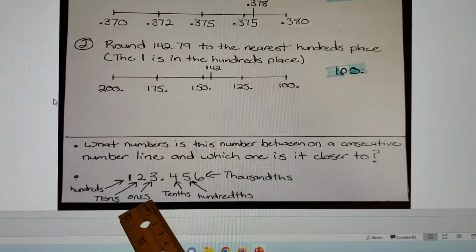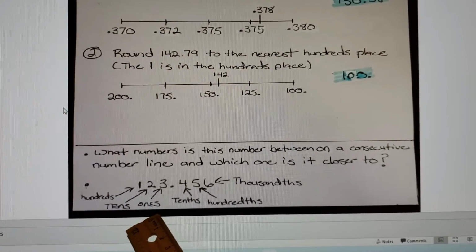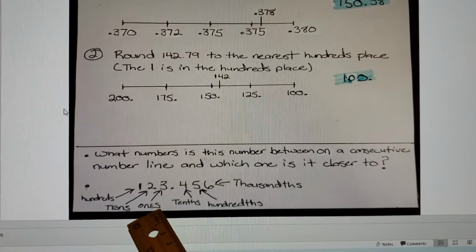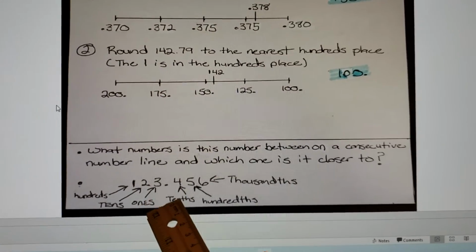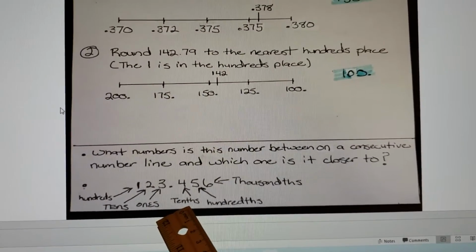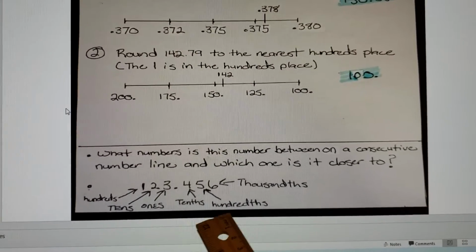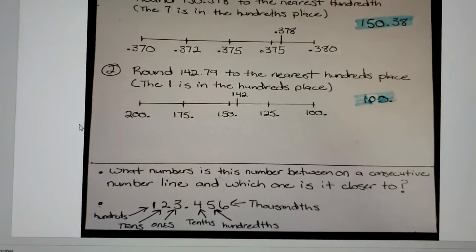You can see right down here, all the numbers on the left side of the decimal point are the ones, the tens, and the hundreds, and all the numbers on the right side of the decimal point are tenths, hundredths, and thousandths. So pretty simple stuff.